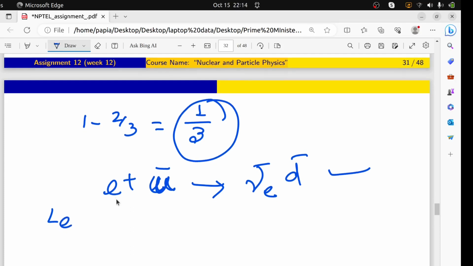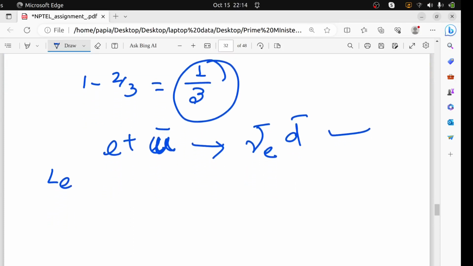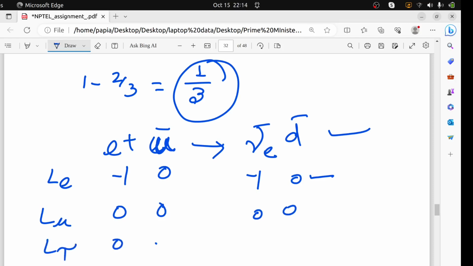Le is minus 1, 0, minus 1, 0. Very good. L mu is 0, 0, 0, 0, because there is no mu type lepton. It is also not there. So now you can see that L e, mu, tau are all independently and separately conserved. So that means this process is allowed.